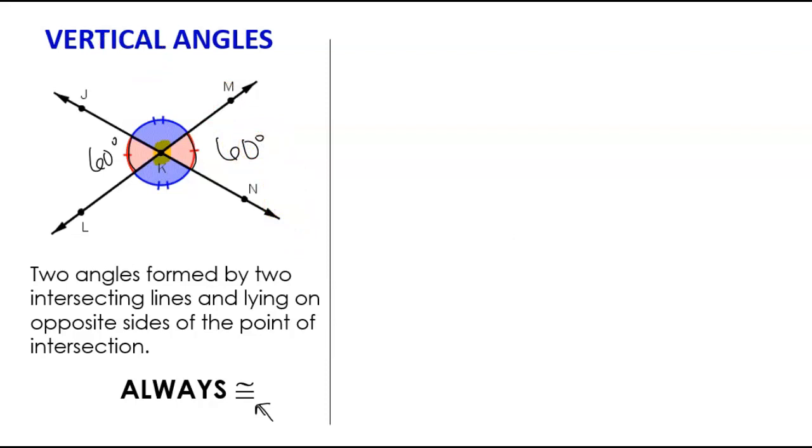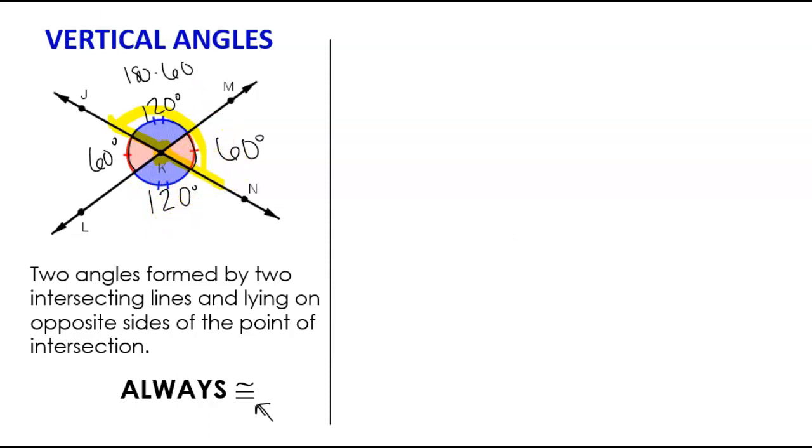Now remember, whenever two angles form a straight line, like the blue and the red right here, those are called a linear pair, so they add up to 180. So we can easily find that blue angle by going 180 minus 60, which ends up being 120 degrees. And remember, opposite angles, or vertical angles, are always congruent, so this one would be 120 degrees.